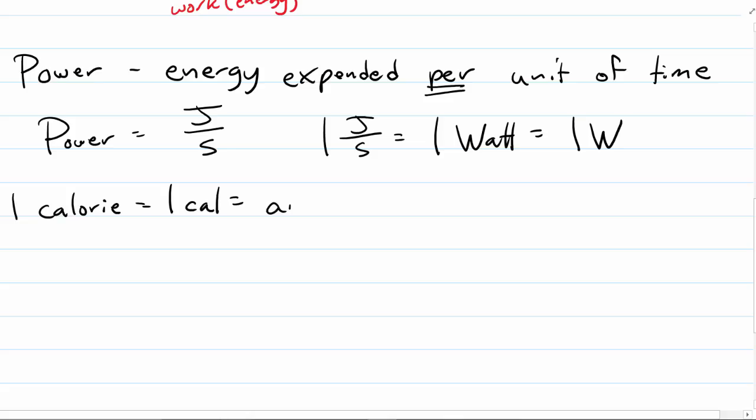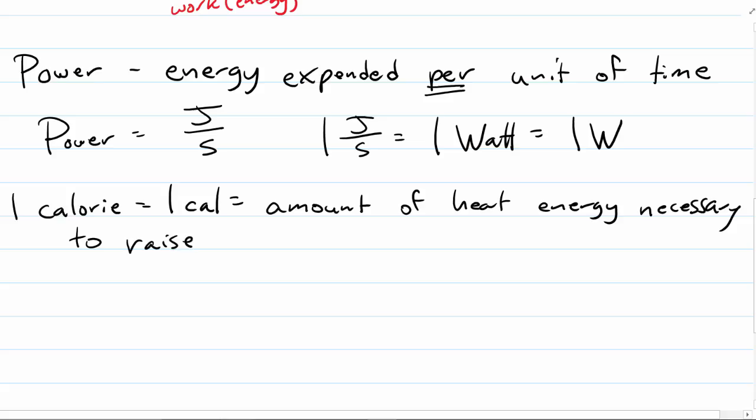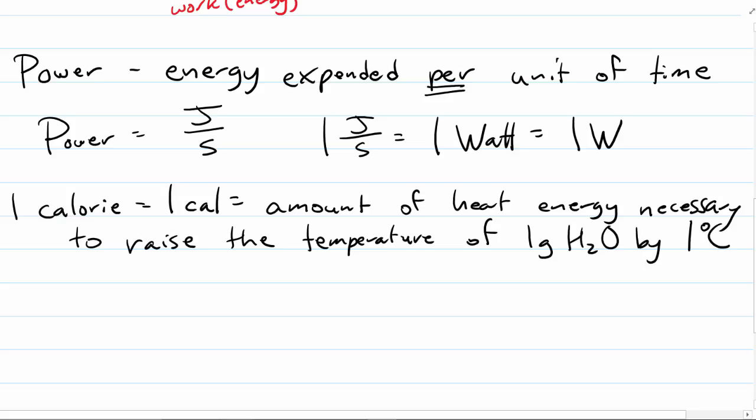It is the amount of heat energy necessary to raise the temperature of 1 gram of water by 1 degree Celsius. So again, this is how we define the calorie.